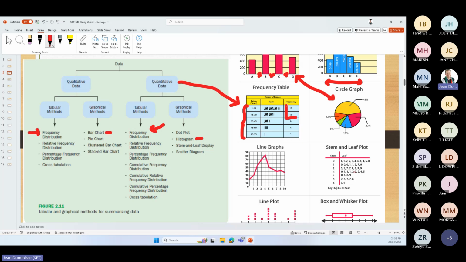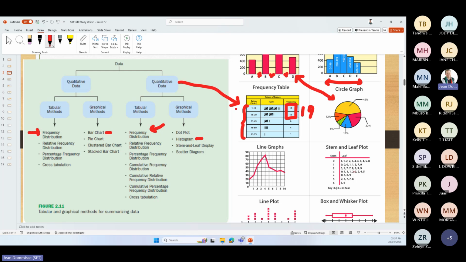But then one can say, okay, well, it is 19 people that are younger than 50. If this was qualitative data and it was A, B, C, D, E, you can't make the same assumption or question to say how many was smaller than C or something like that, because that doesn't make sense.